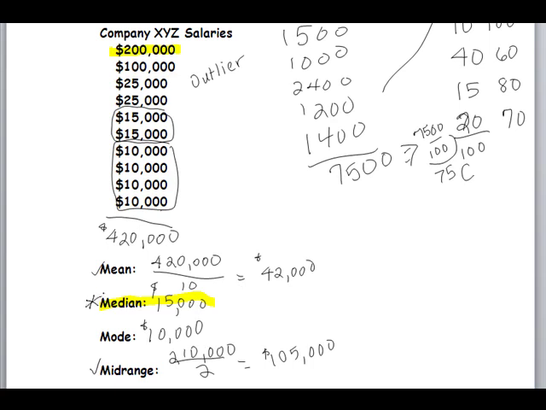If I add those up, I get 210,000, now divided by 8 since I removed 2 values, and I get a better value for my mean: $26,250. So a 10% trimmed mean can sometimes handle those outliers if you're interested in calculating that particular mean.